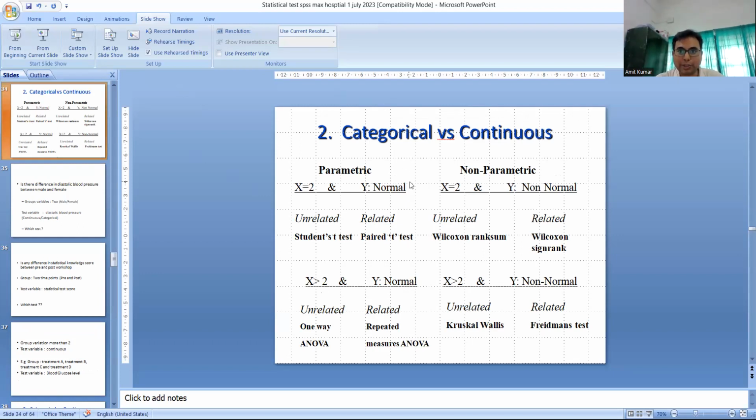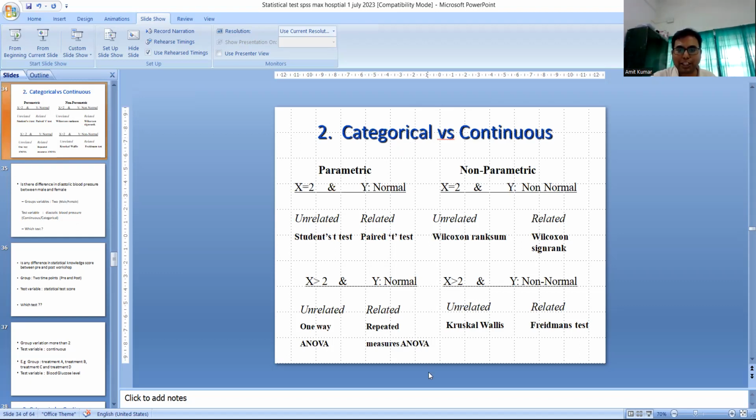Just look at this table. Is this slide visible to everyone? Categorical versus continuous. If you want to know which test to apply in which scenario, take a picture of this slide, and you can apply the statistical test very easily in whatever situation.